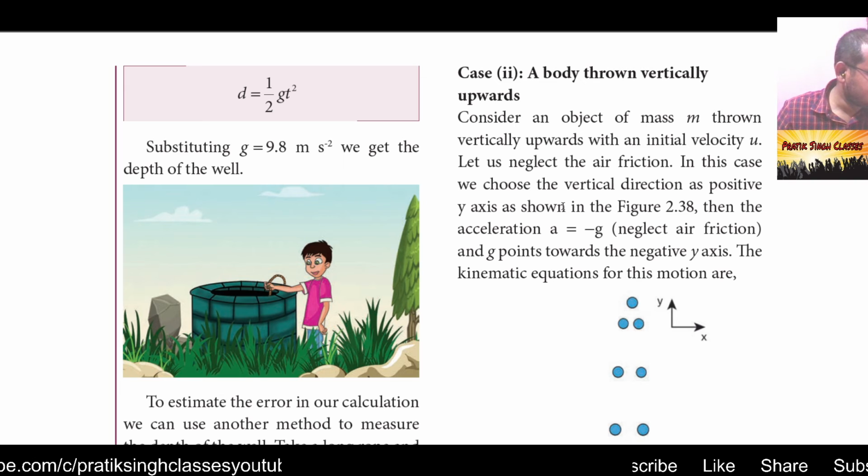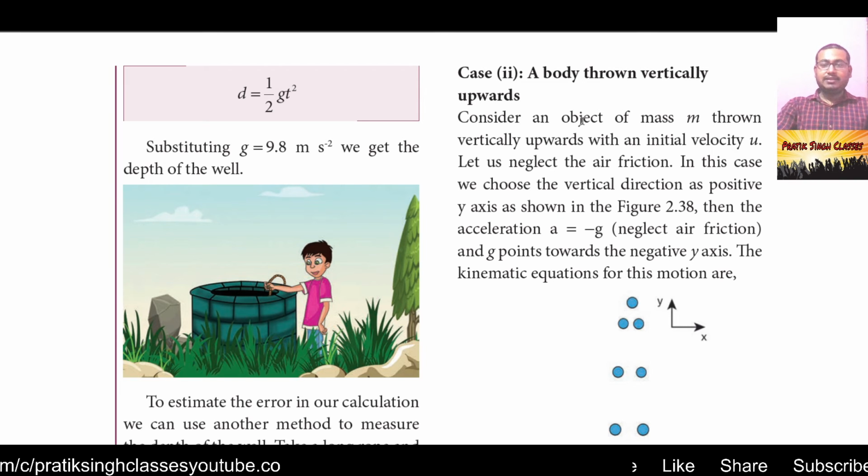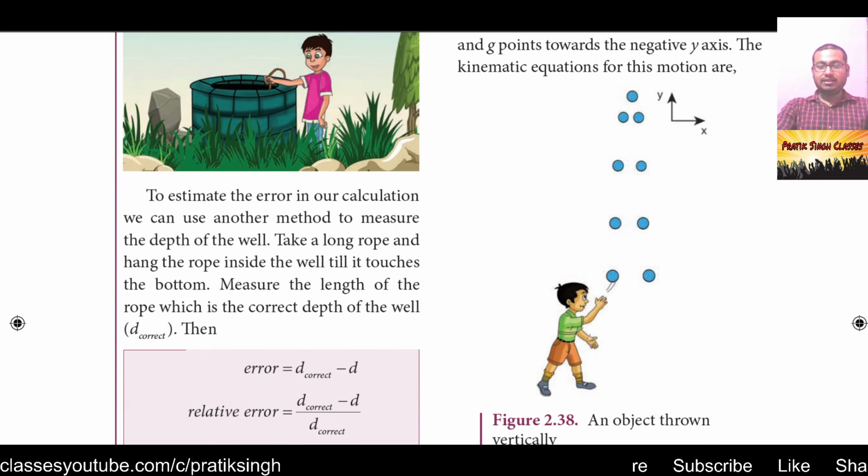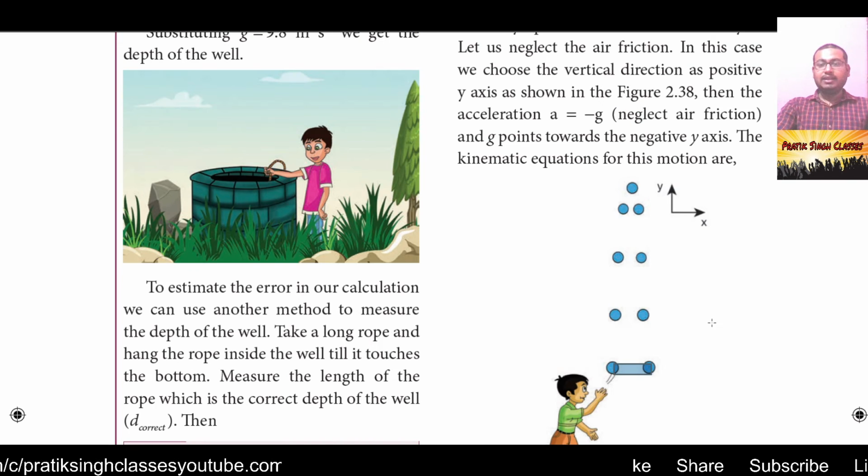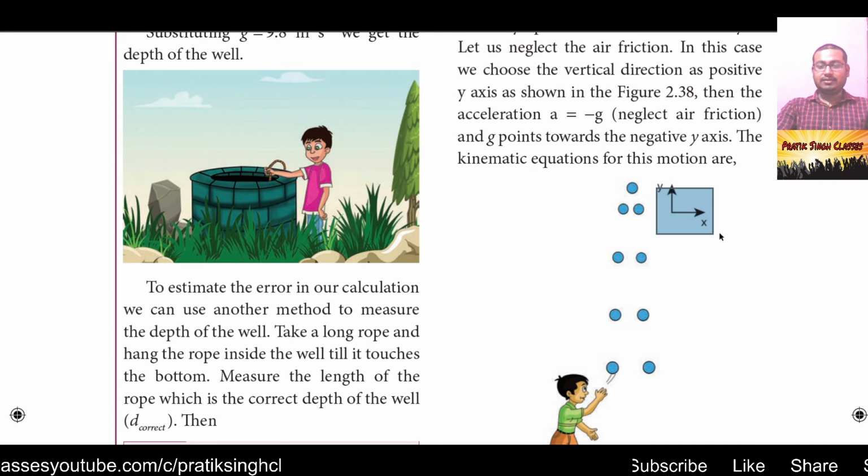Consider an object of mass m thrown vertically upward with initial velocity u. As you can see here, the boy is playing with the ball. He has thrown the ball in the upward direction and it has come down again. In this situation, the y-axis upward is taken as positive and the y-axis downward is taken as negative.